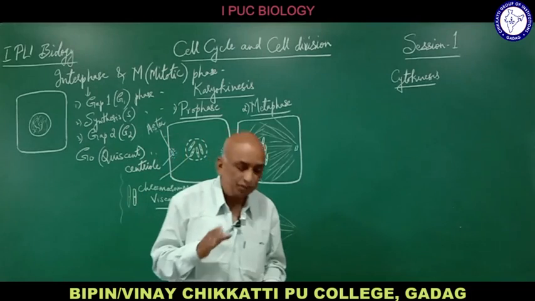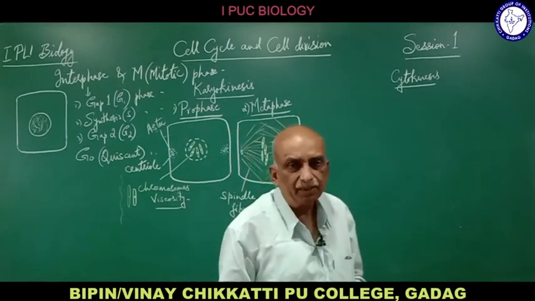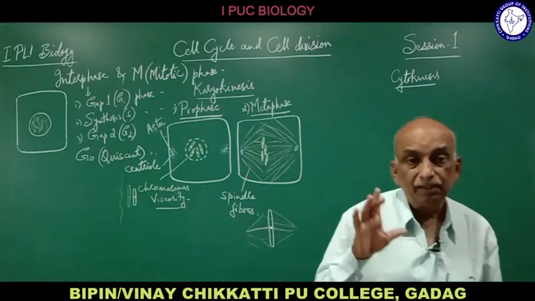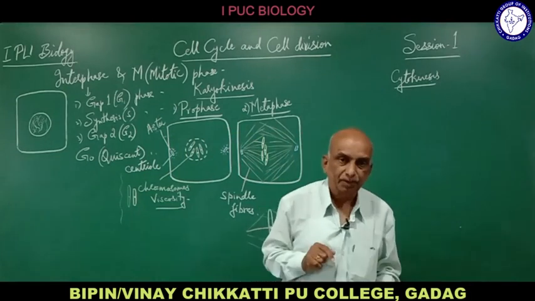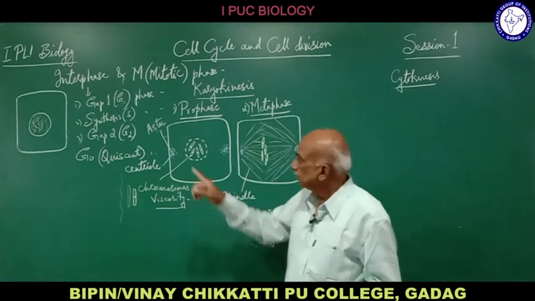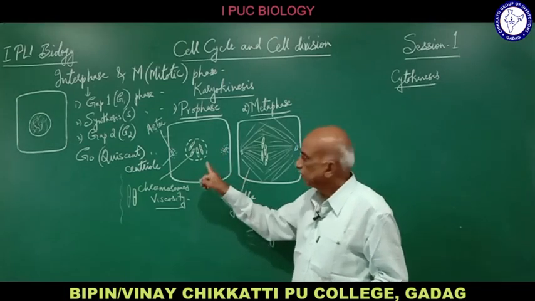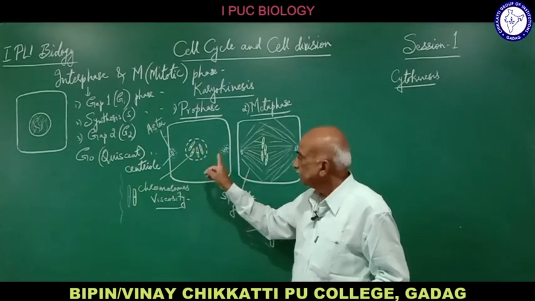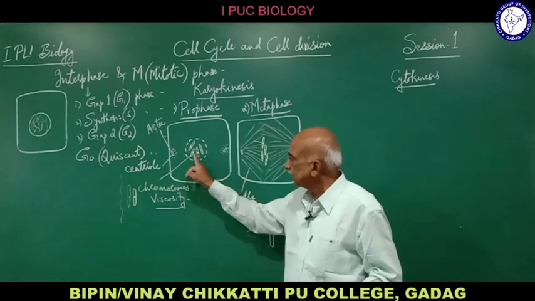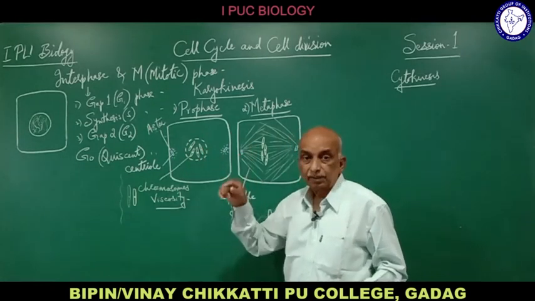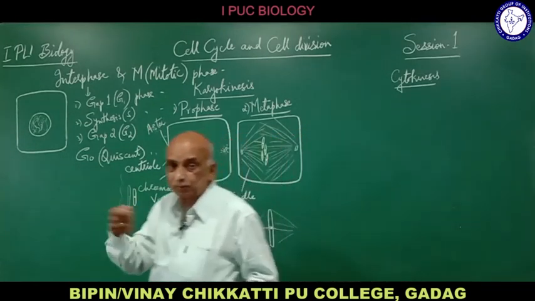During this movement, at one stage the chromosomes become arranged in the equatorial plane of the cell. That is metaphase. The fibers stretch and the membrane has disappeared. These fibers attach to the centromeres from both ends, so the fibers start pulling the chromosomes.